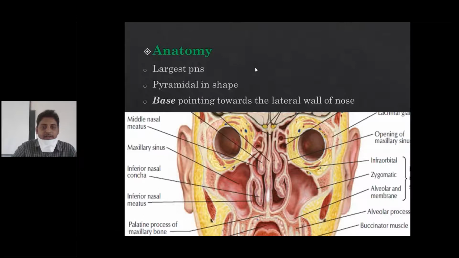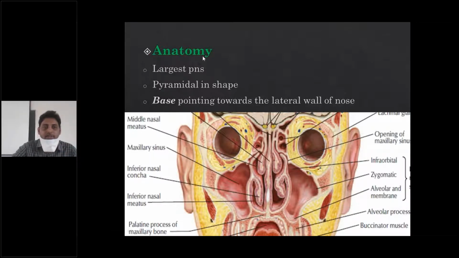And another point from the exam point of view: the largest paranasal sinus is the maxillary sinus, and as we discussed earlier, it is pyramidal in shape, with the base pointed, as you can see with my pointer, towards the lateral wall of the nose, towards the nasal cavity. The apex is pointed towards the zygomatic process. Here you can see the arrow, the apex is pointed towards the zygomatic or lateral process, and the base is pointed towards the lateral wall of the nose.